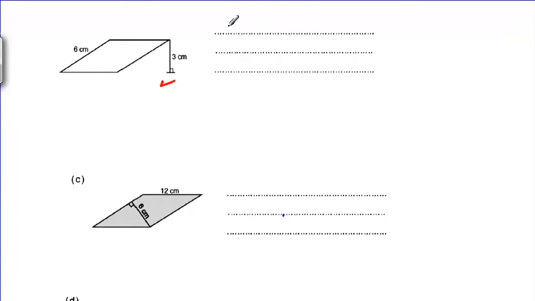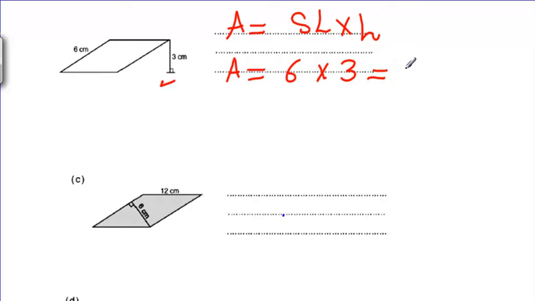So I will use area equal side length times height. So area will be equal 6 centimeter times 3 centimeter equal 18 centimeter square because it's area.